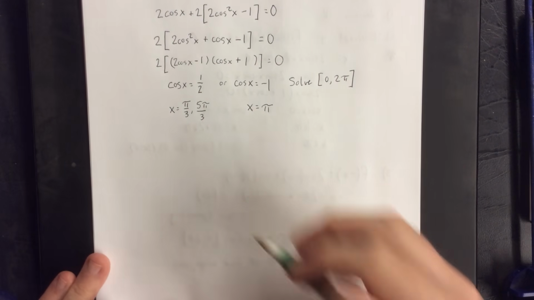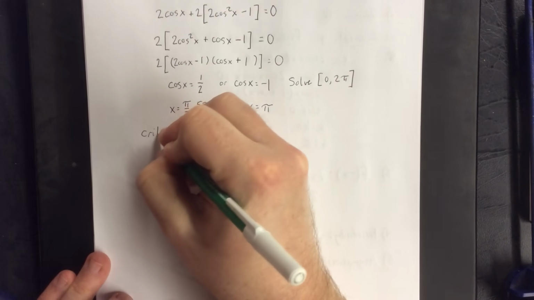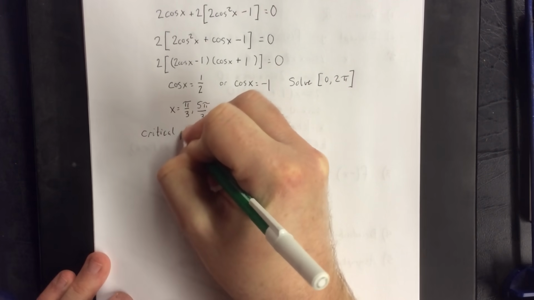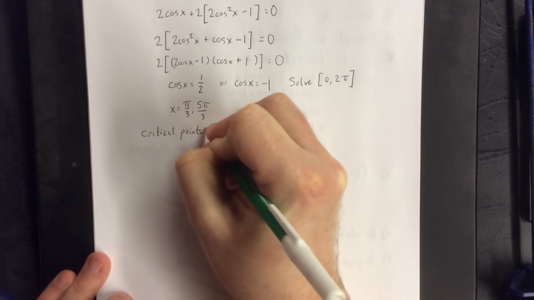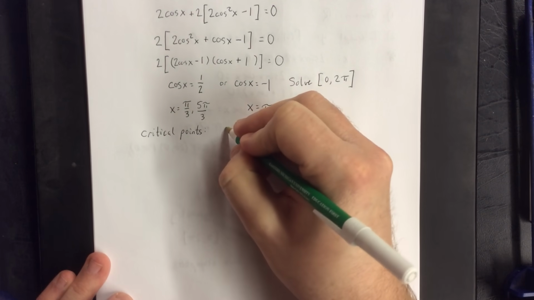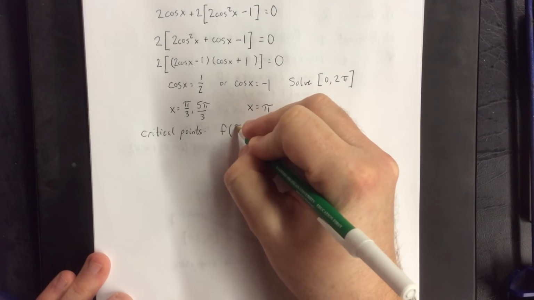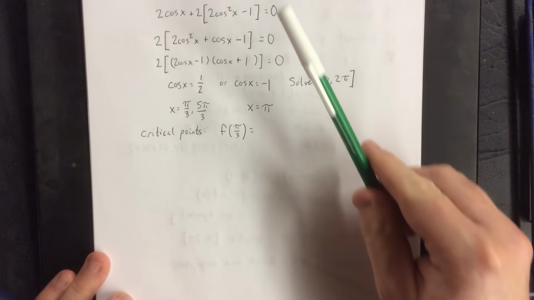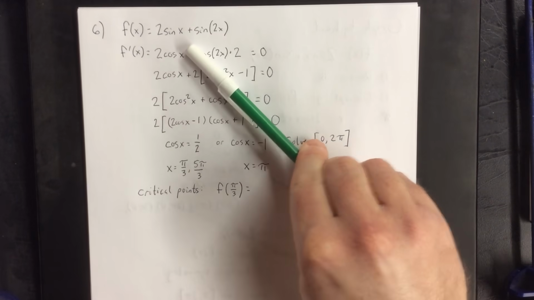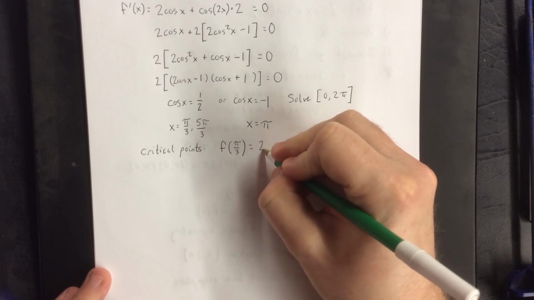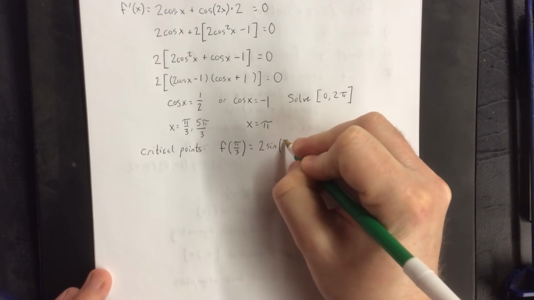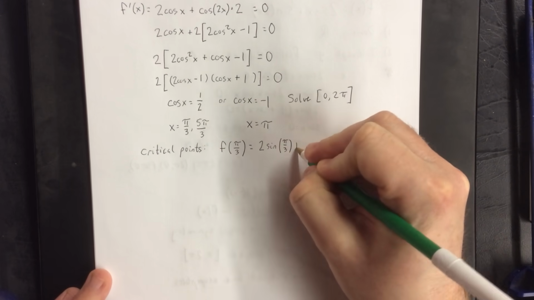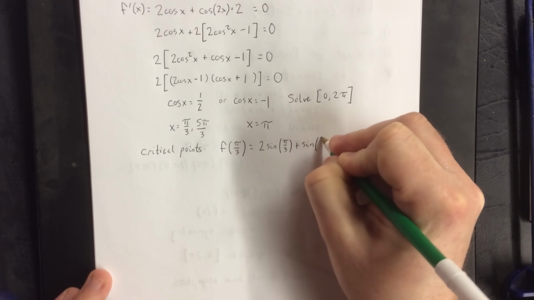To turn these critical values into critical points, we plug them back into the original function. So let's evaluate f of pi over 3. F of pi over 3, if we plug this back into the original function up here, this will be 2 times the sine of pi over 3 plus the sine of 2 pi over 3.